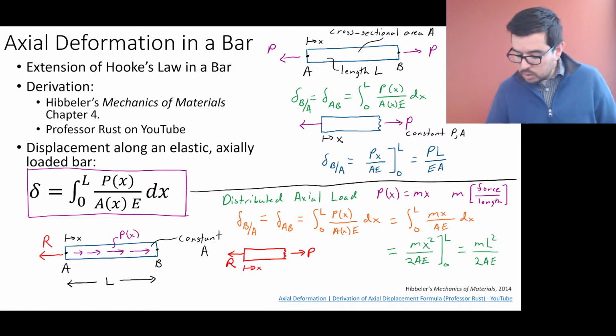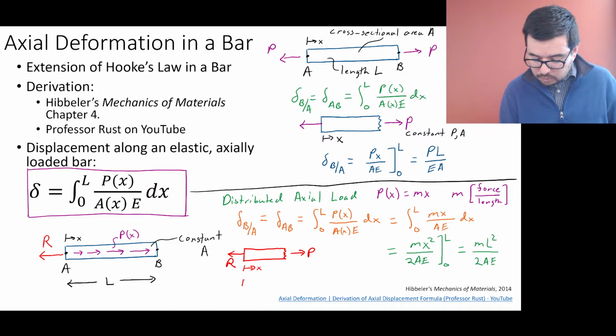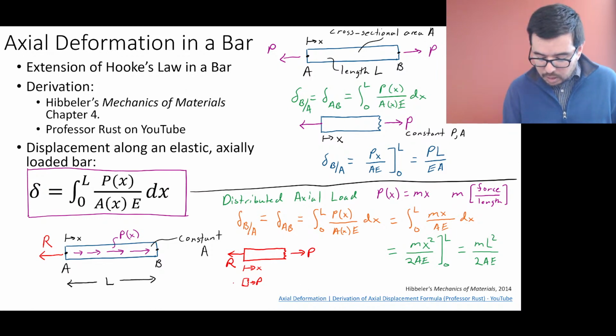If my cut is right here, I would draw a small p, and if I'm farther along, going to the right, I have a bigger p.